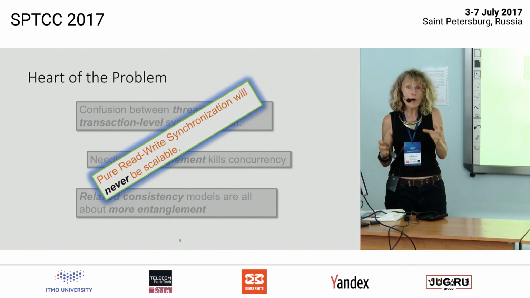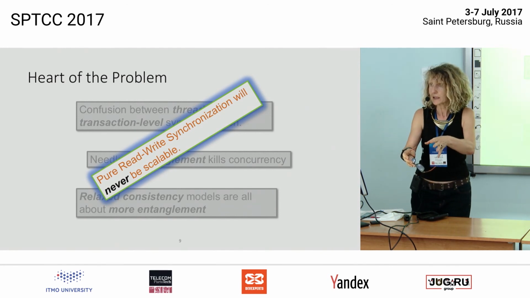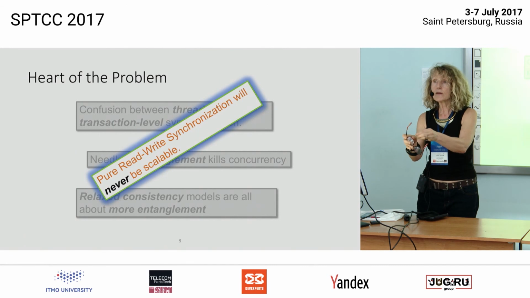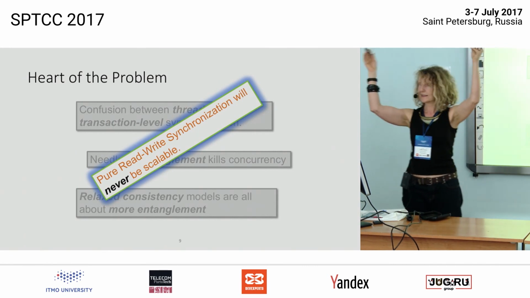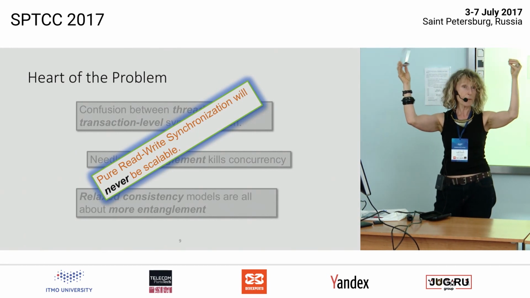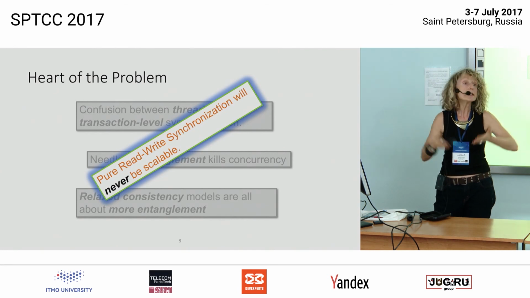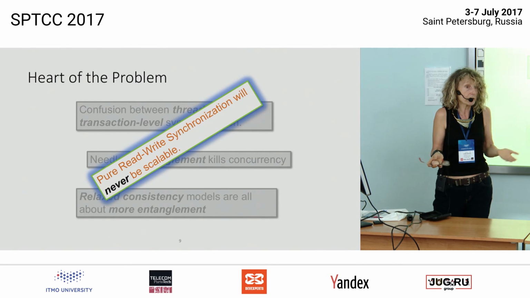Because if you run them on top of STM, the knowledge about the concurrency that the people who implemented those data structures put into their fancy operations is invisible to the transactional memory, right? They see just read-write conflicts.